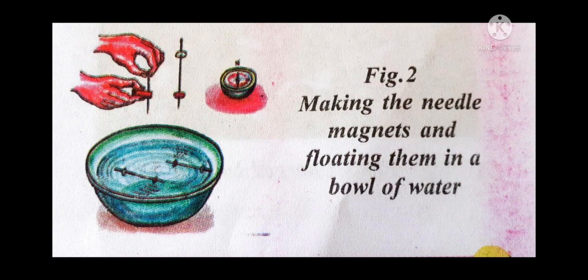Now you can see that like poles repel or push each other and unlike poles attract or pull each other. This action of pull or push arises due to a magnetic force. A magnet can attract or repel another magnet without contact. So magnetic force is a field force.